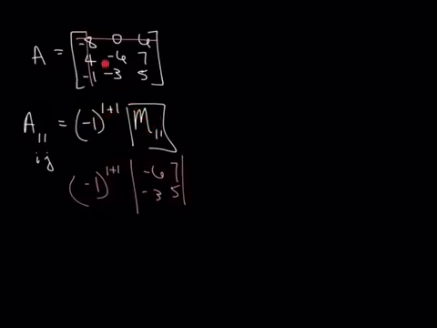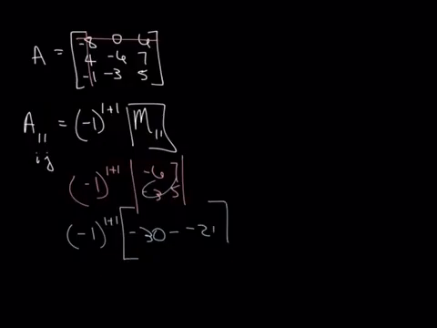So there's the minor 1,1. The minor is negative 6, 7, negative 3, 5. Looks like this. So this is going to be negative 1, and this will be negative 30 minus negative 21. Okay, so we get negative 1.